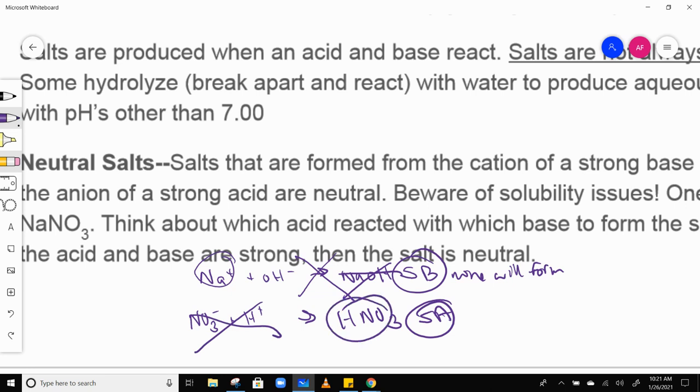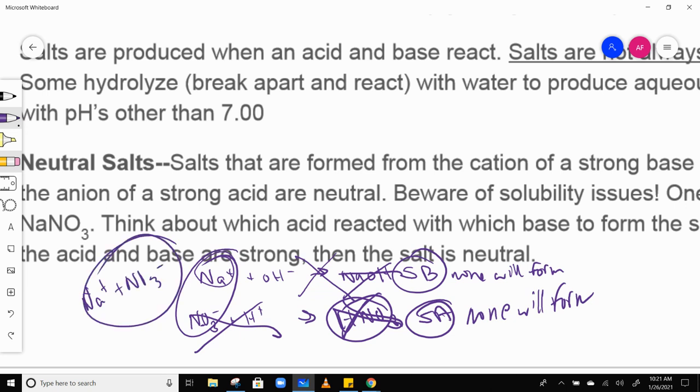Sorry, none of this will form. None of that will form. So when we put this salt in water, when we put NaNO3 in water, it will just stay Na plus and NO3 minus in water. It'll just stay that way. No acid or base will form. It's going to be totally 100% neutral.